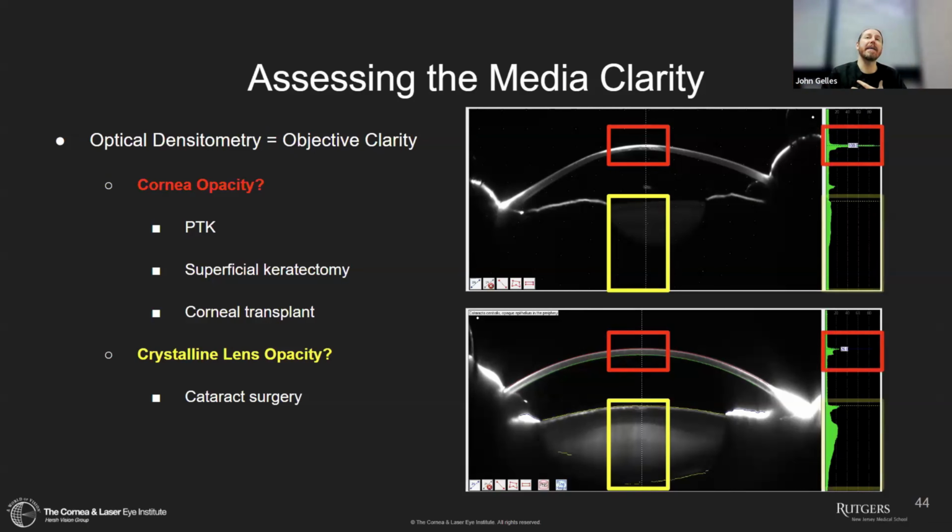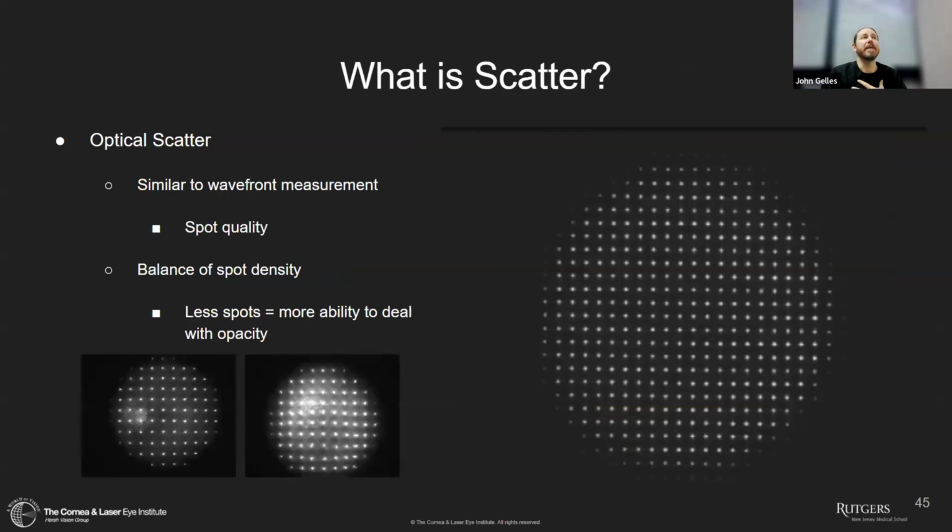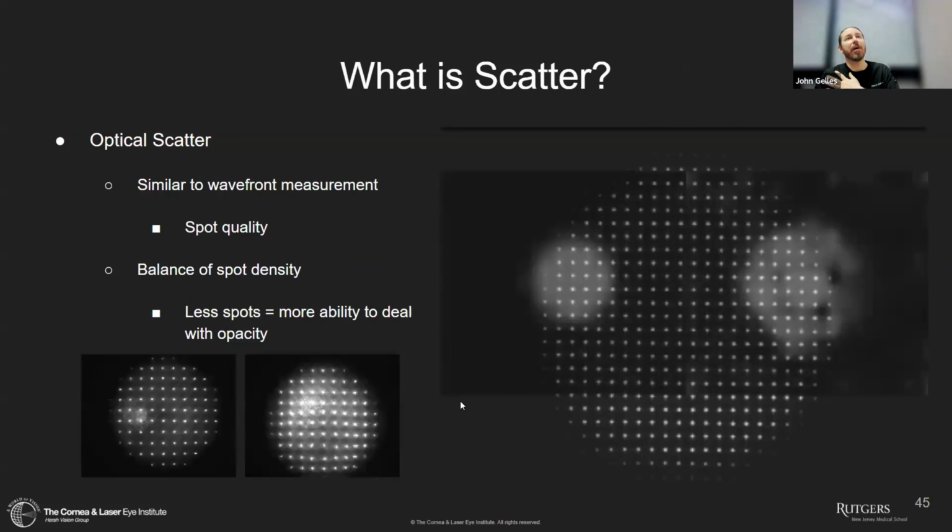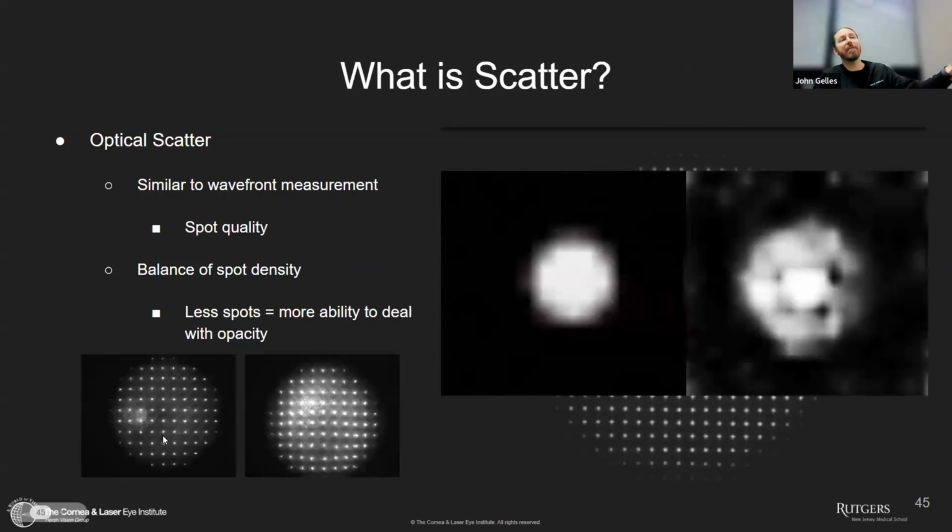What I look at is the spot quality, right? So what you can see here is these are all the spots on an individual without a cataract, right? And then you can see over on the side here, the spots on the left is an individual without a cataract. On the right is an individual with a cataract. And you can see how the spots aren't quite as crisply defined, right?